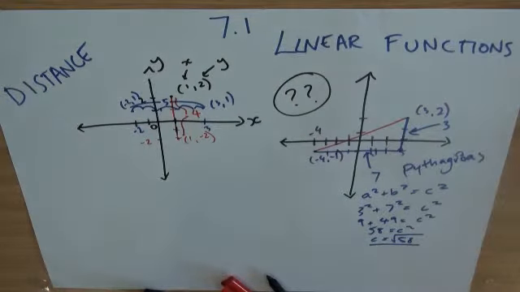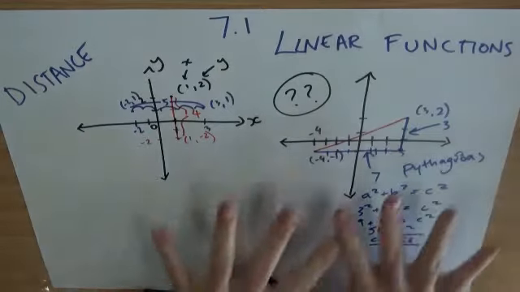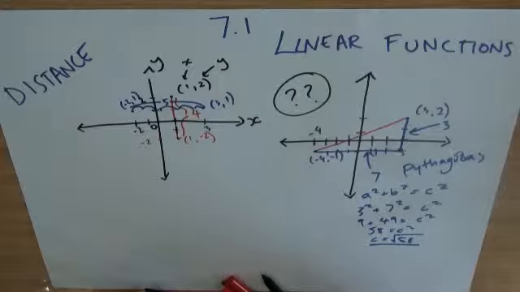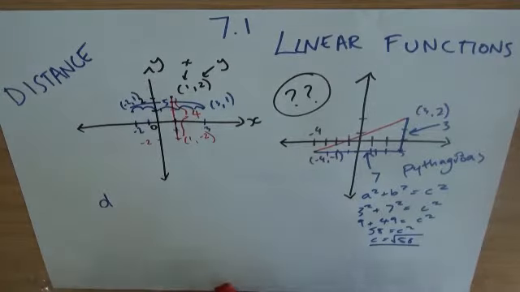Now we can learn our distance formula, which is very, very similar to what we've just done there. It's just a simpler way of writing it. So our distance formula is going to be the distance between 2 points.